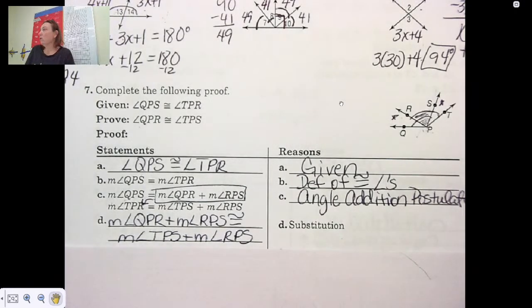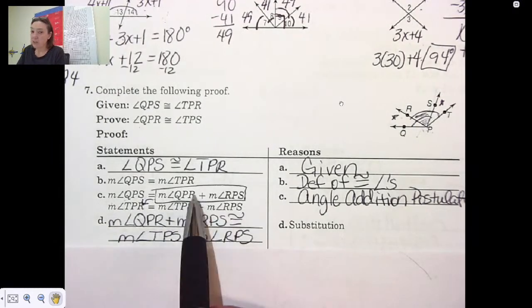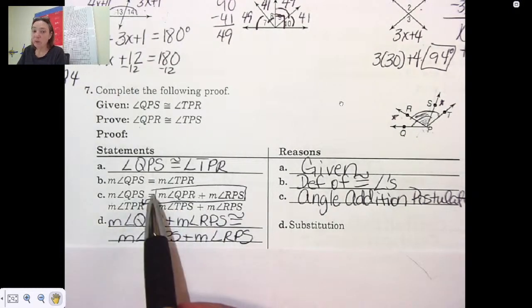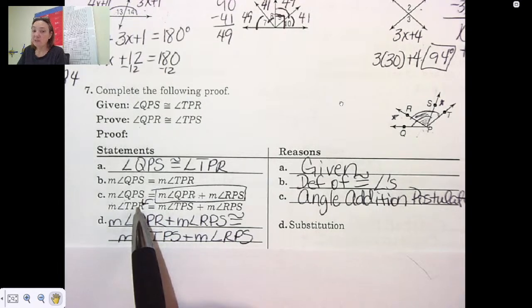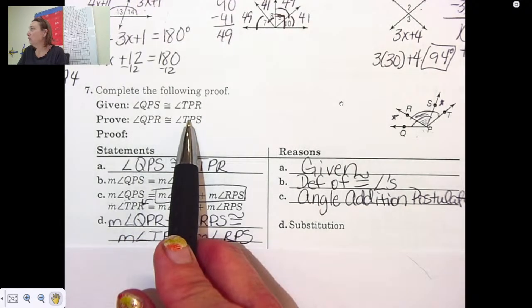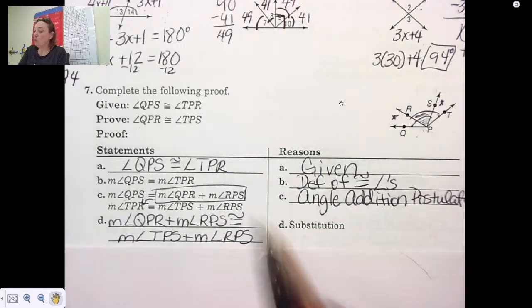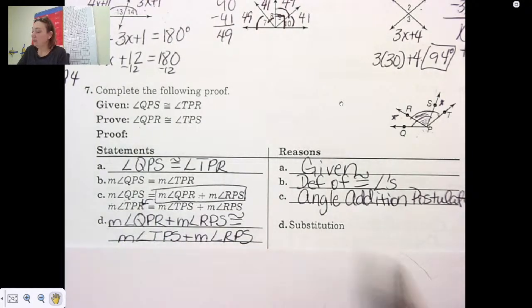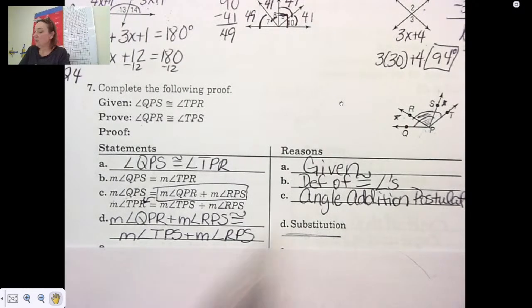Now, does everybody understand why we did that? We just stuck this right here that equals QPS in the place of TPR because we know QPS equals TPR. They are the same thing. So we're just substituting. See how our reason is substitution? We're just substituting that in the place for this other one.